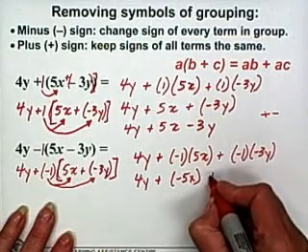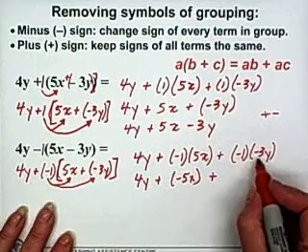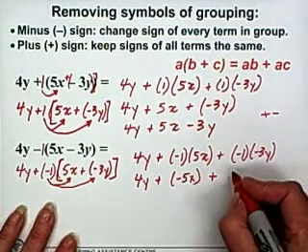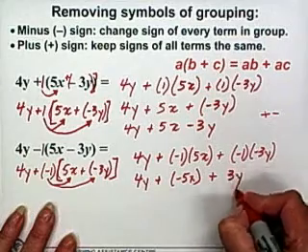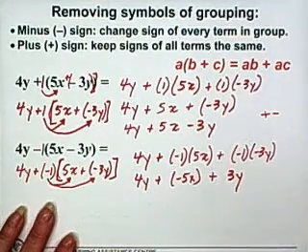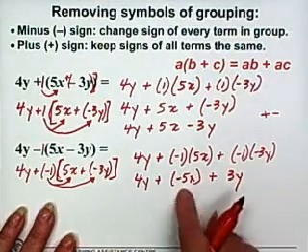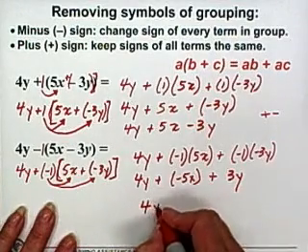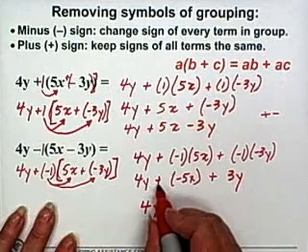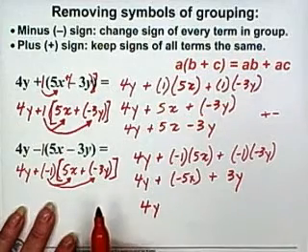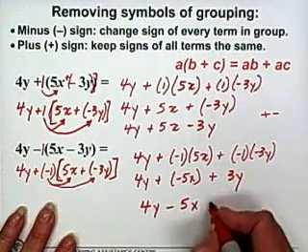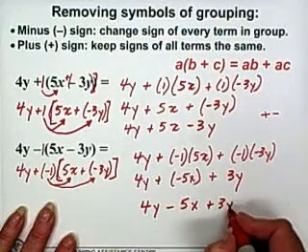Now we're going to add the last one. Minus 1 times minus 3y gives us a plus 3y, so we can just write it as 3y. I'm just going to go through it one more time to get rid of this bracket. We have 4y. The plus and the minus together gives us a minus, so this becomes minus 5x and plus 3y.